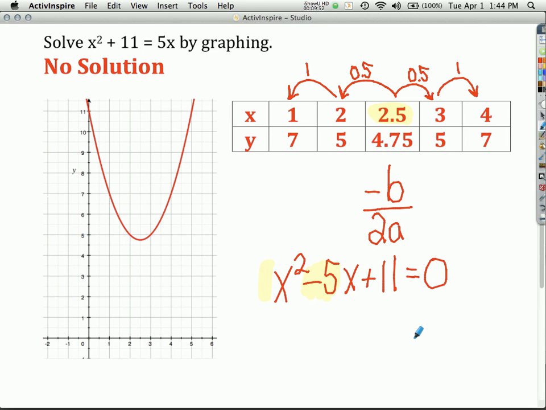Comments, questions, concerns? So in actuality, even though this was an example from 10.3, this was actually 10.3, 10.2, and 10.1 all wrapped up together. Because 10.1 and 10.2 were teaching you how to graph, and then in 10.3 we learned that we were looking for something when we were graphing.